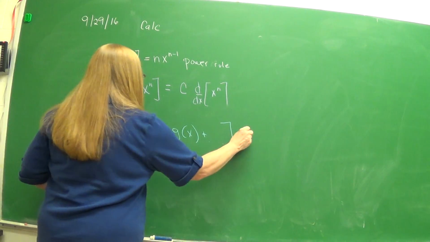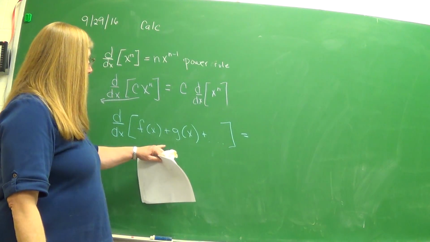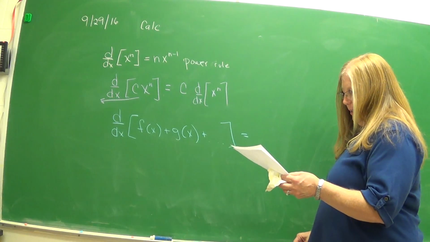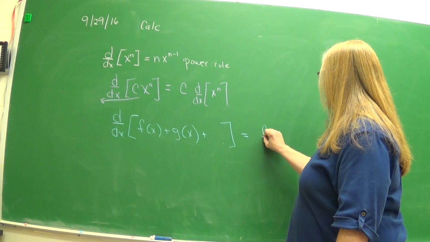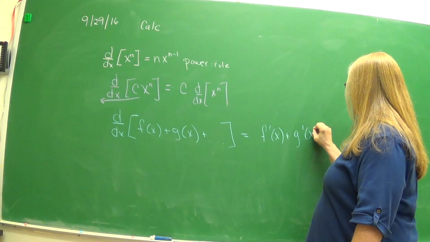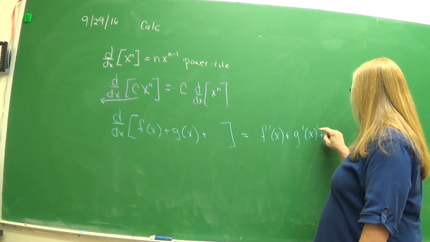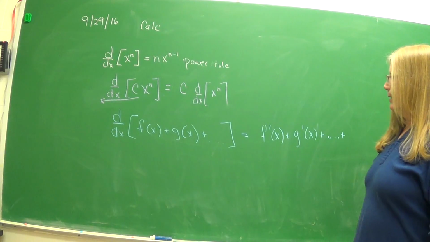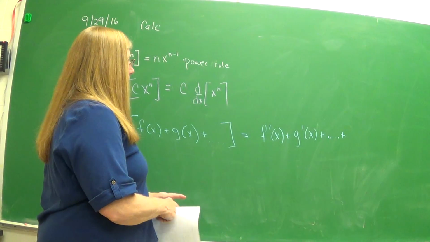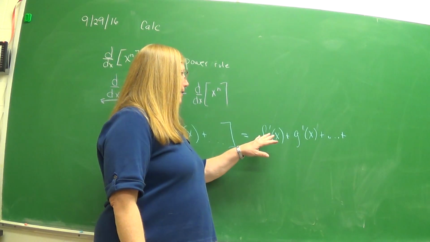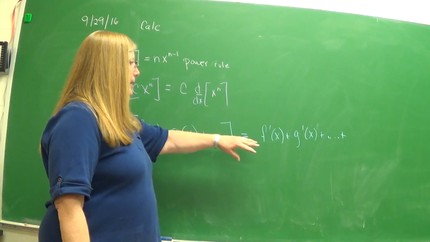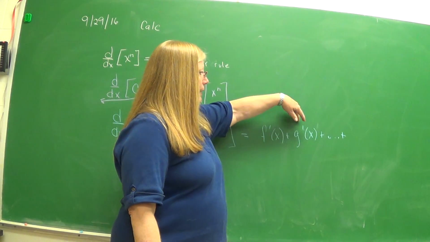The derivative of the sum of functions is going to be the same as the derivative of each function added together. So the derivative of several functions added together is the same as the sum of the derivatives. The derivative of a sum is the sum of the derivatives.